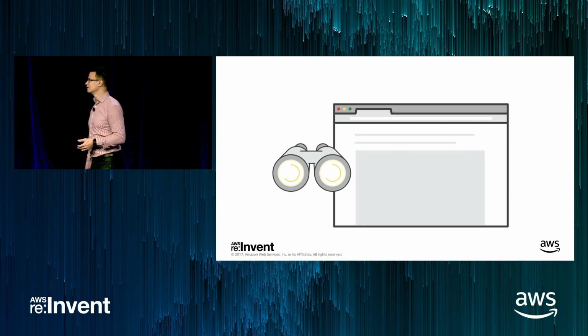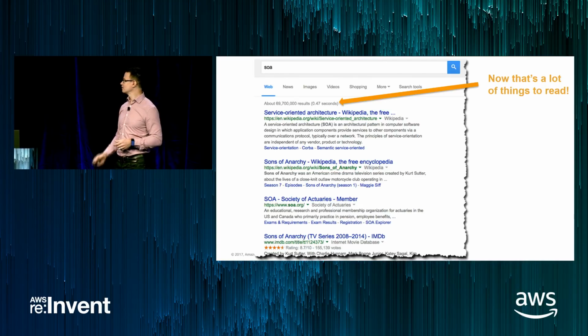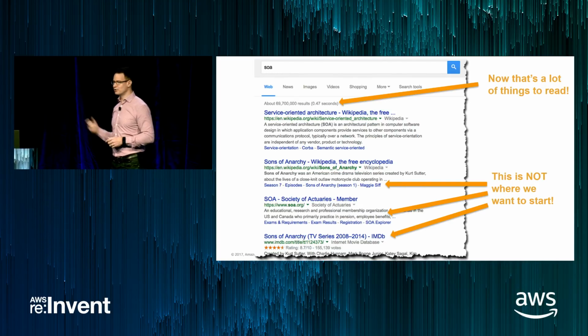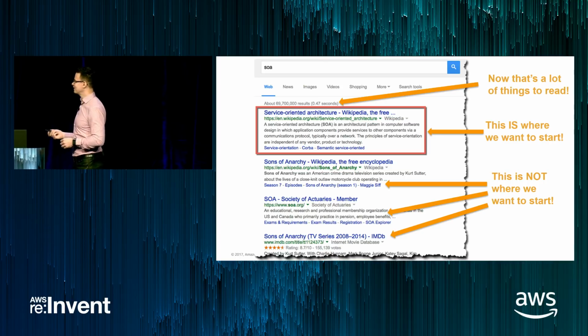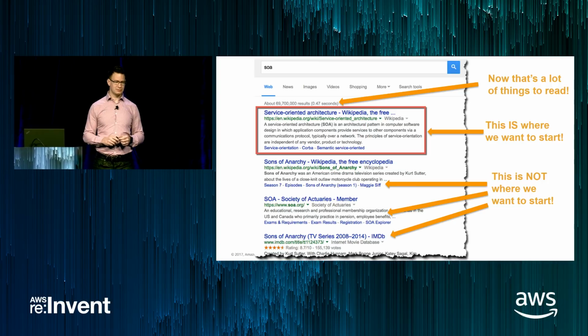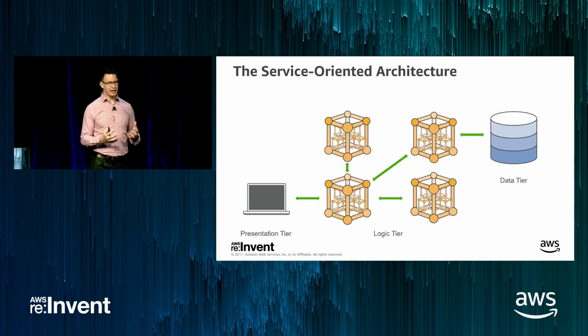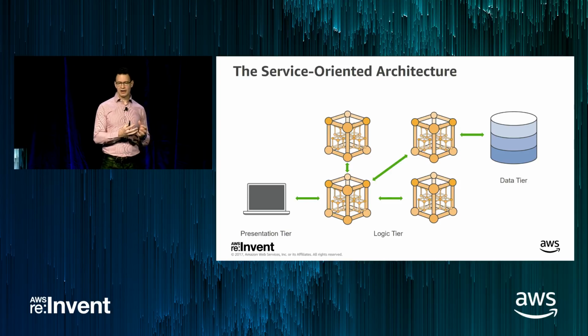So what's that? Let's get the browser out again, search it up, SOA, lots of hits, some interesting things, maybe not quite relevant, but one of them is service-oriented architecture. So service-oriented architecture is breaking down our application into those individually composable parts that have their own responsibilities and enabling those different parts of our application to communicate and coordinate with one another via clear contracts or interfaces.